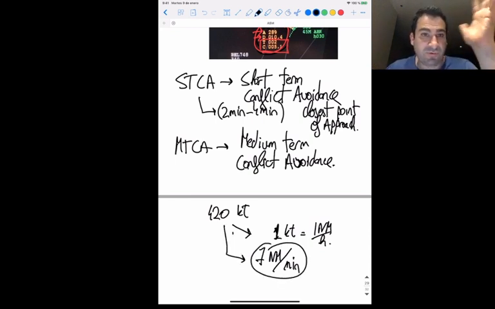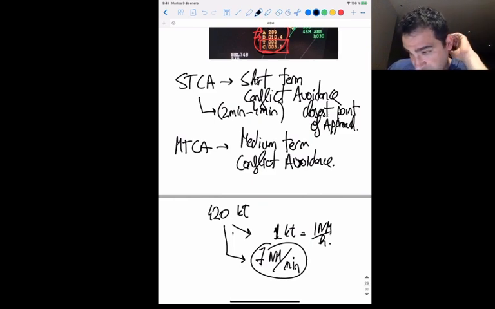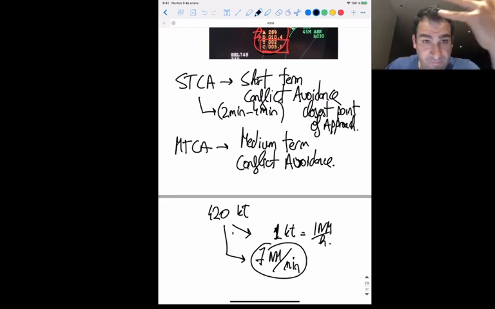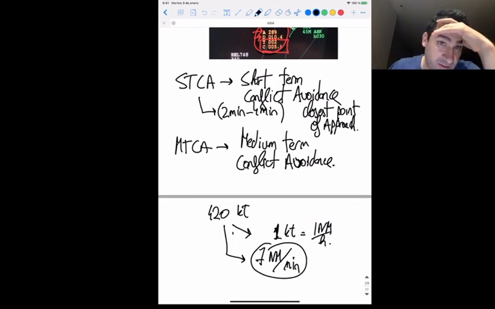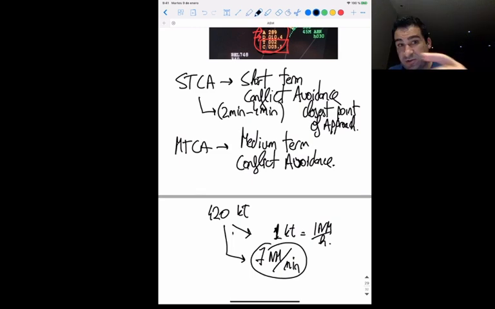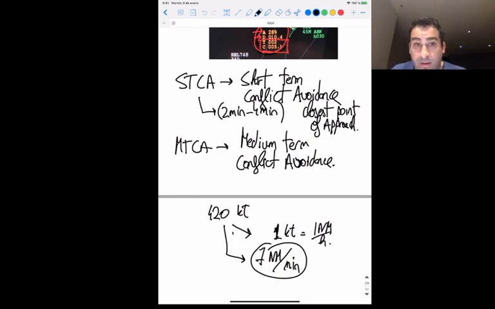These are the rule-of-thumb numbers that the controller might be doing, right? Now, when this is popping up 2 minutes before the closest point of approach, it means that in 2 minutes the aircraft is flying roughly 14 nautical miles. So we still have some time, but we are really close to the conflict.